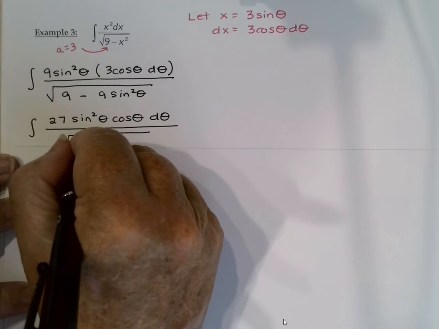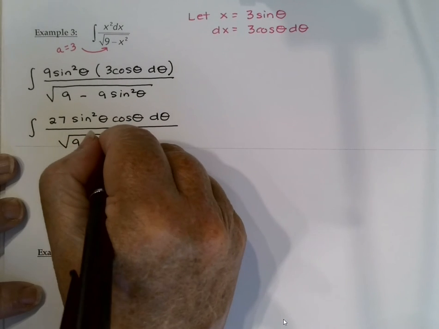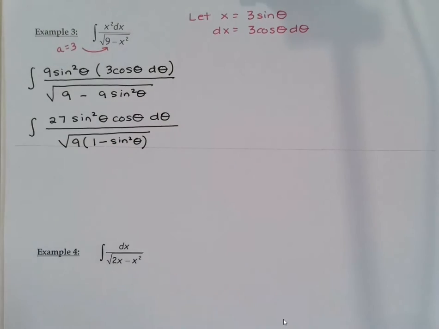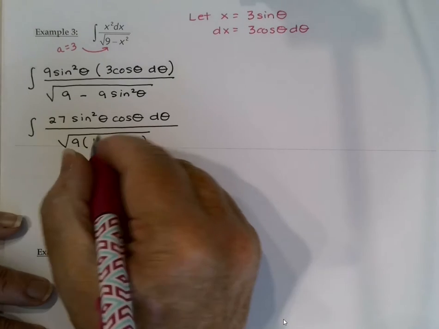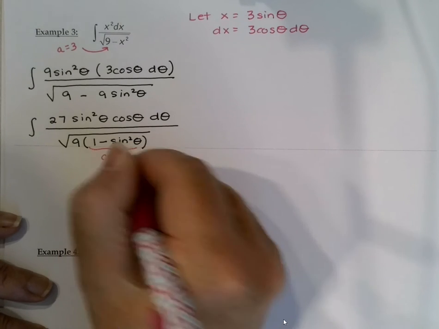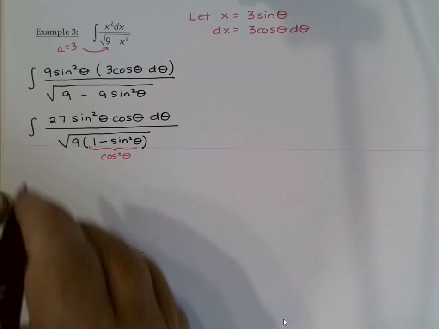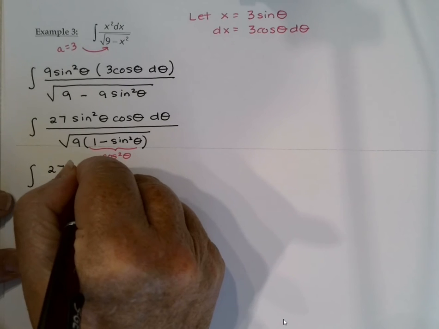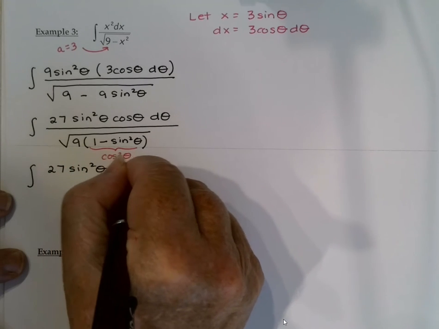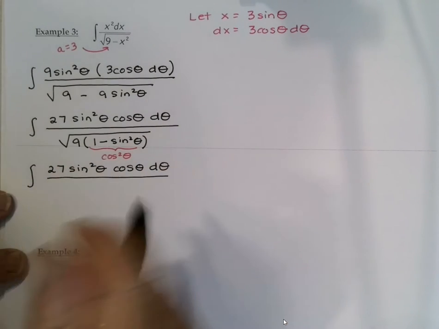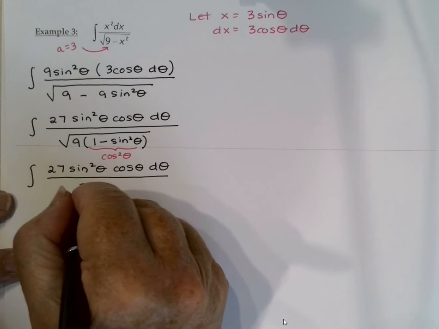And in the denominator, when I factor out the 9, I have 1 minus sine squared theta. That, of course, is really cos squared theta. So in the denominator, square root of 9 is 3.